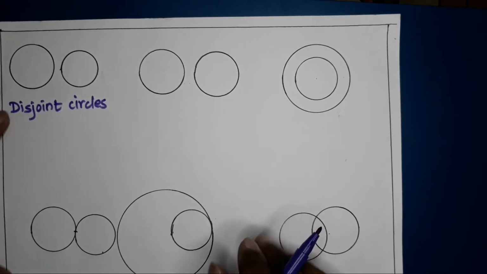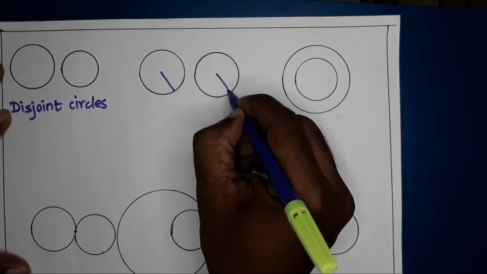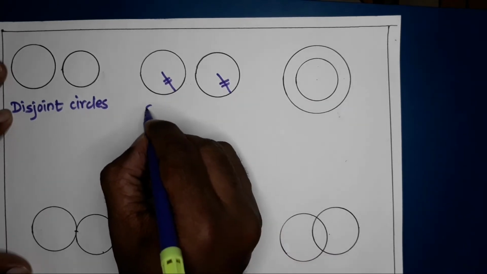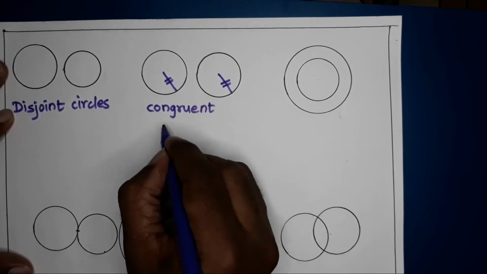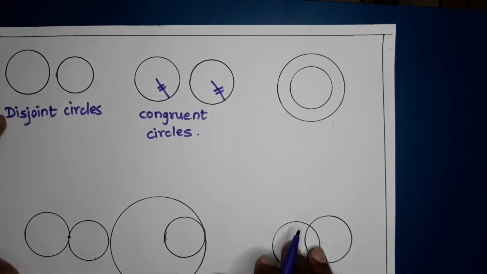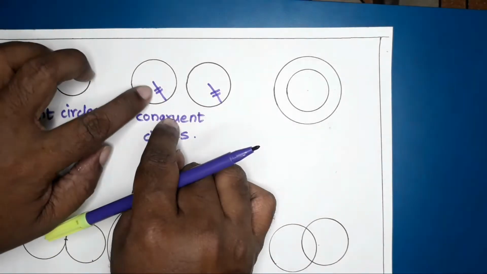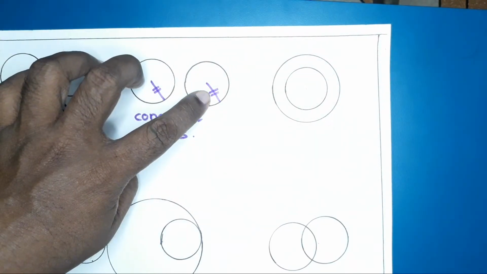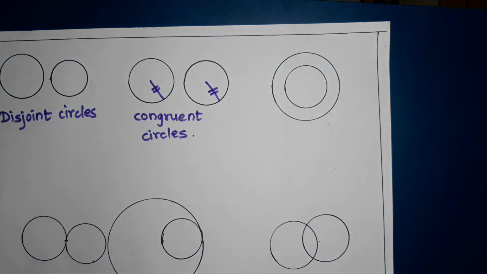If the circles have the same radius, then such circles are called congruent circles. Suppose the radius of the first circle is 4 centimeters, and the radius of the second circle is also 4 centimeters, then the circles are called congruent circles.